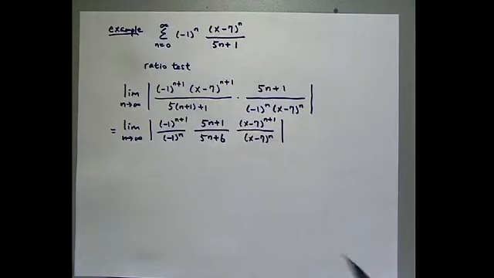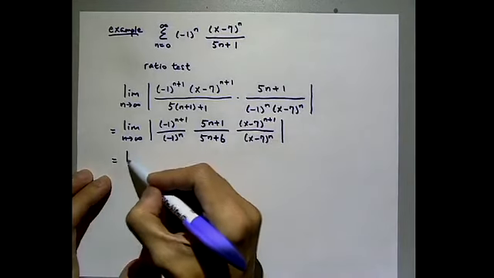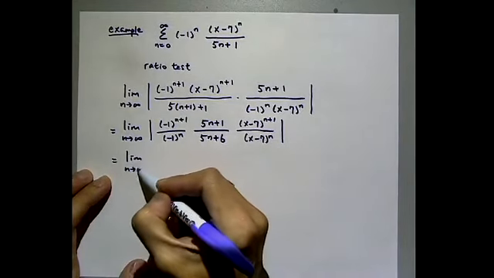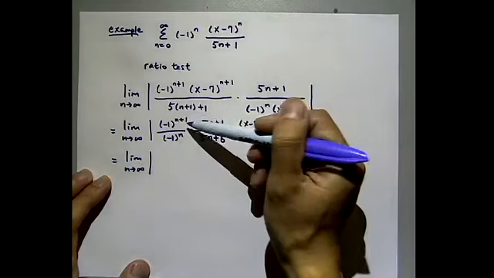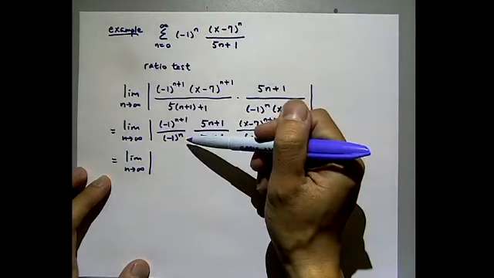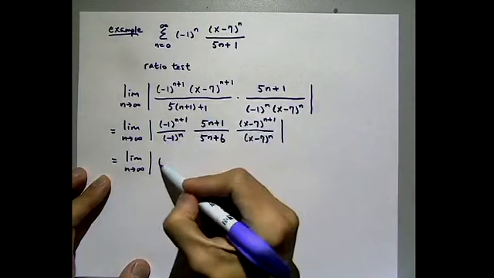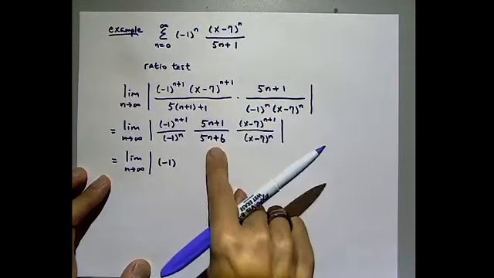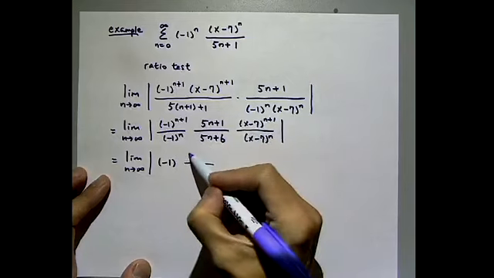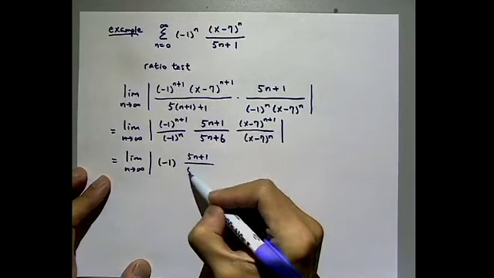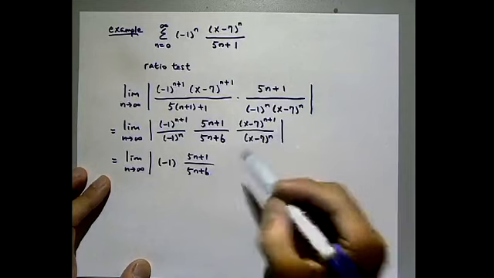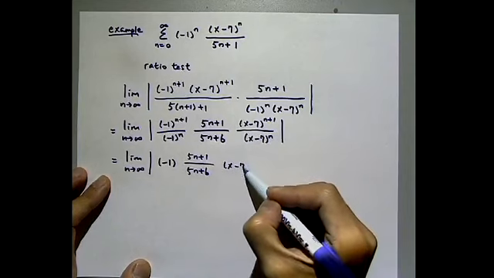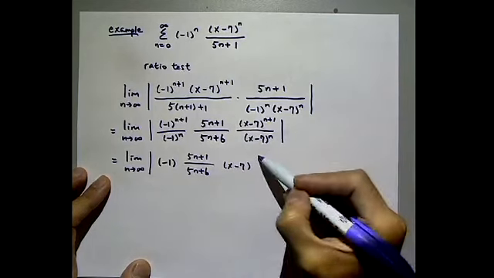Then you start taking things out. We have one more factor of minus 1 upstairs than downstairs, so one of them remains. Here, well, that's going to go to 1, right? So we'll leave that alone. And this guy turns into x minus 7, just 1 power of that.